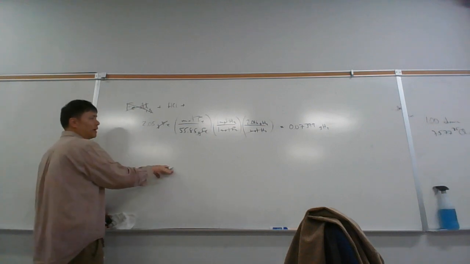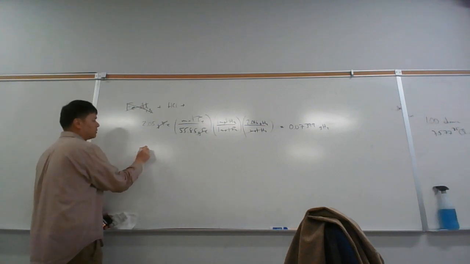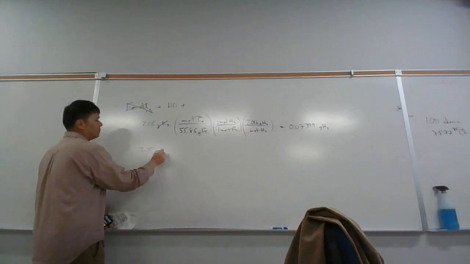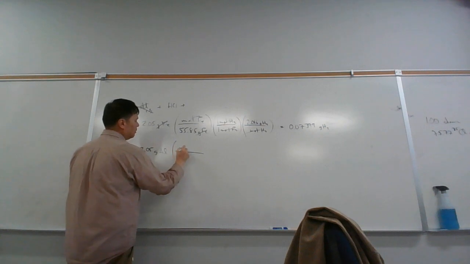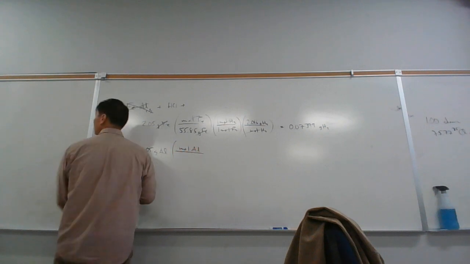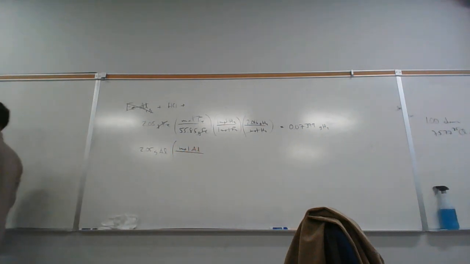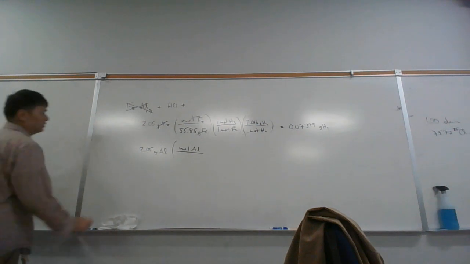This is going to be the lower bound. Now, if this were pure aluminum, that would be the upper bound. So 2.05 grams of aluminum, and we'll just use the smaller molar mass here, which is 26.98.